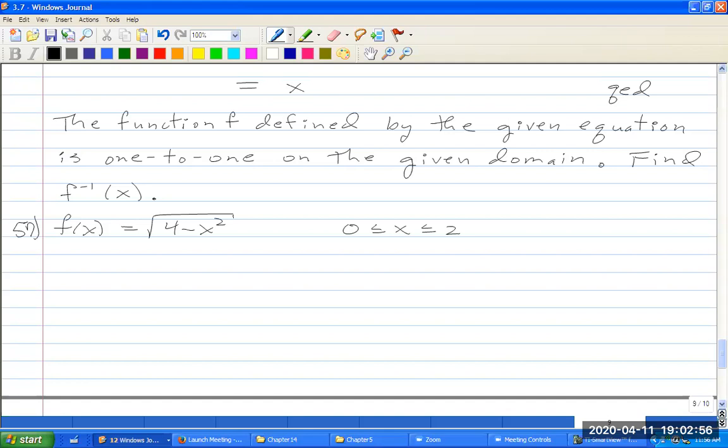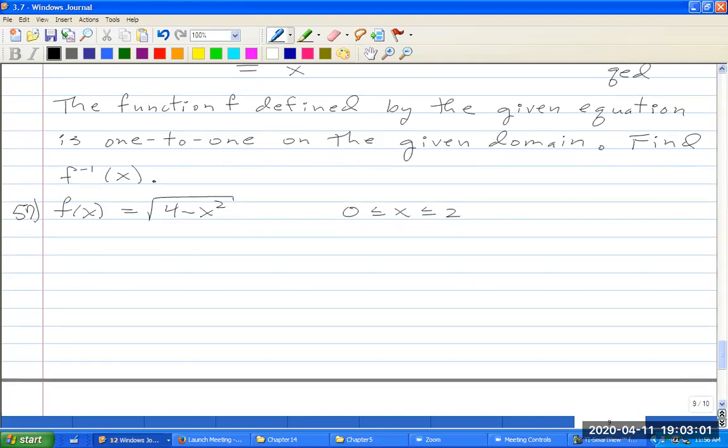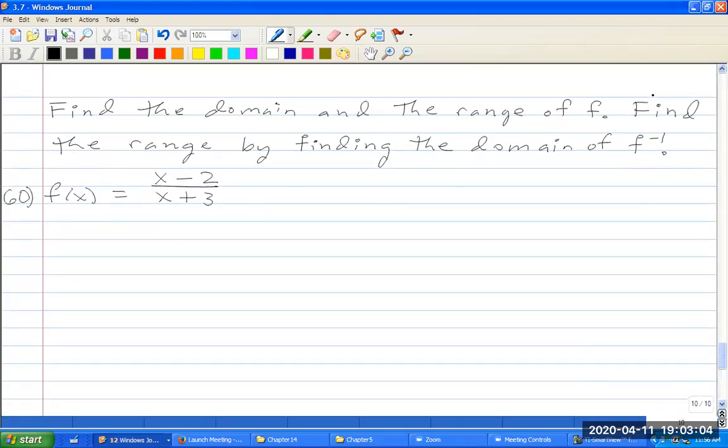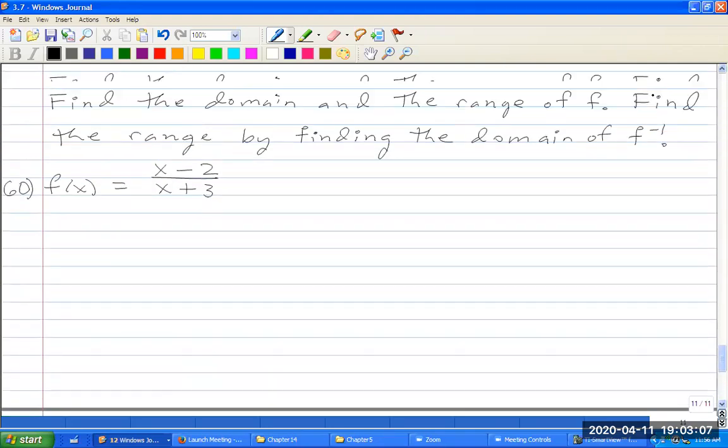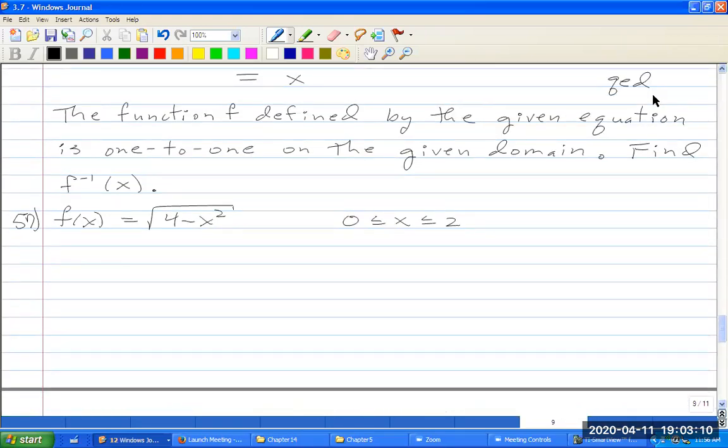Okay. Actually, let's see, let's modify this. I'm going to change this from a plus radical 4 minus x squared to a minus radical 4 minus x squared.